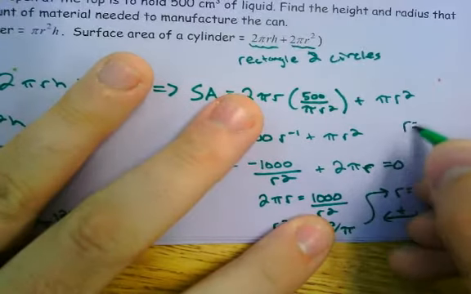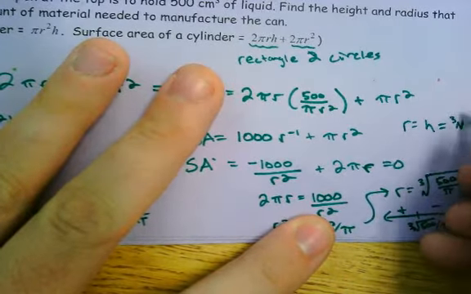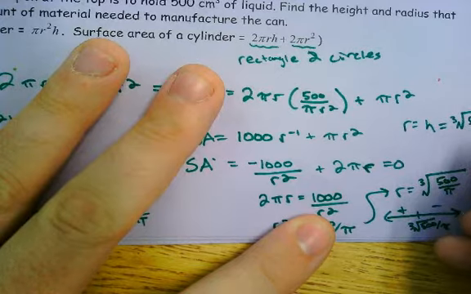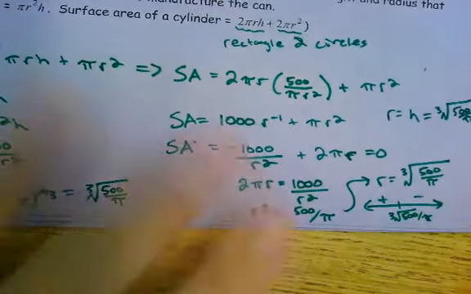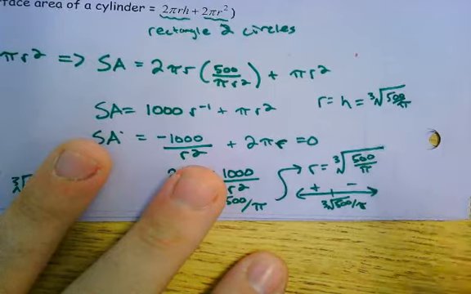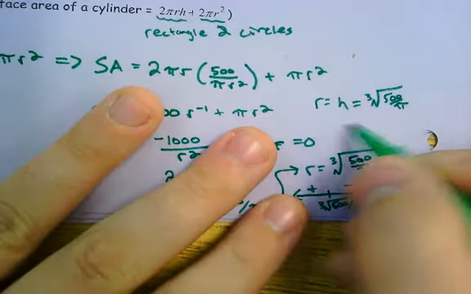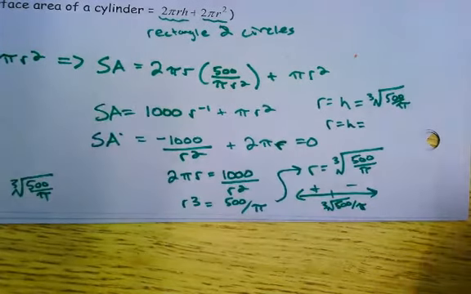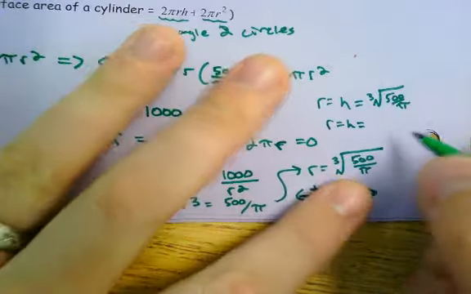Alright, so my radius is equal to my height, which is the cubed root of 500 over pi. If this was a non-calc question, that's the answer. If it gives you a calculator in your hand, I'll just tell you what that is, which is 5.419.